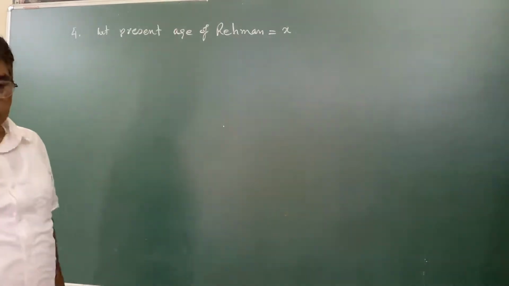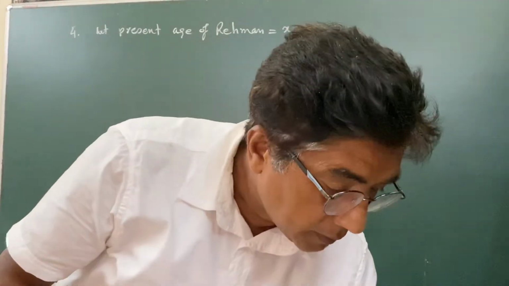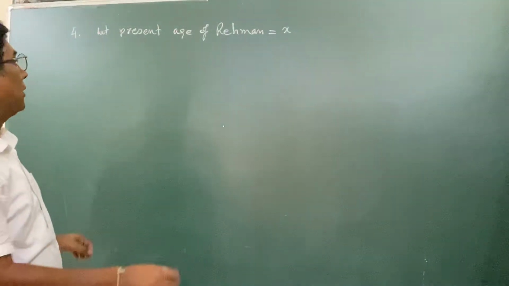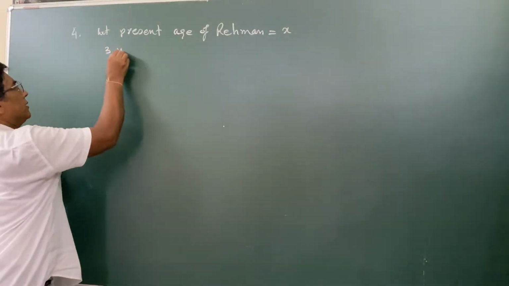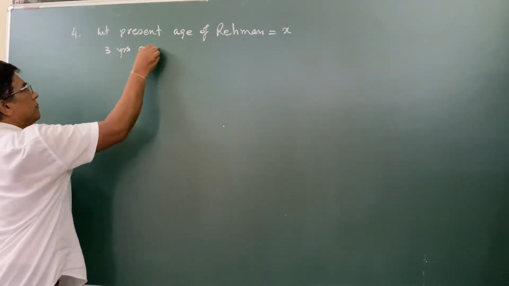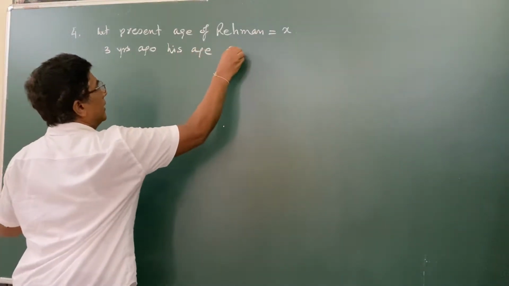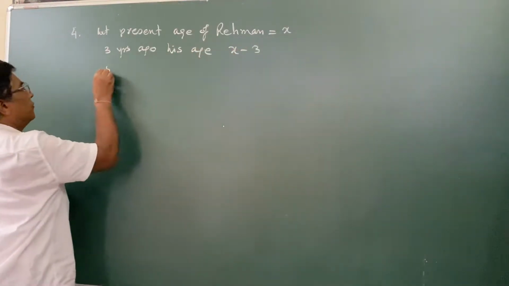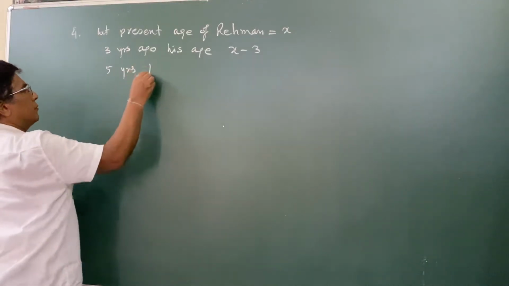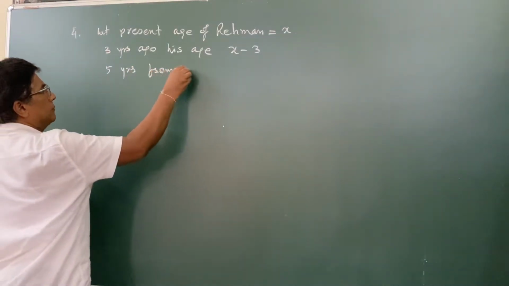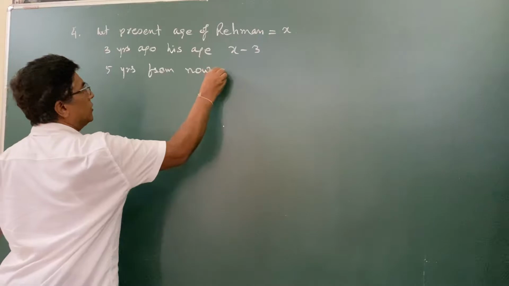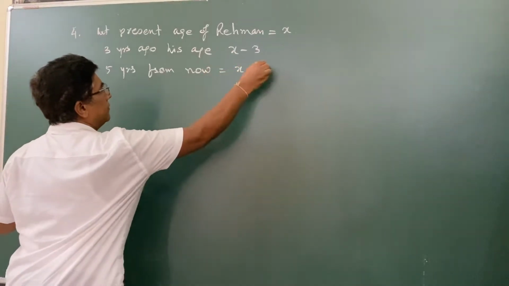So they told you 3 years ago and 5 years from now. So 3 years ago, his age was what? X minus 3. And 5 years from now, his age will be x plus 5.